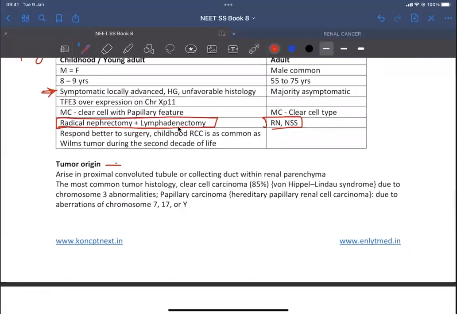So now we're talking about clear cell RCC. If you talk about RCC in general, it can arise from both the proximal convoluted tubule or the collecting duct, or some tumors from the distal convoluted tubule.